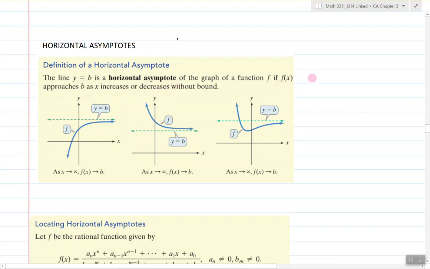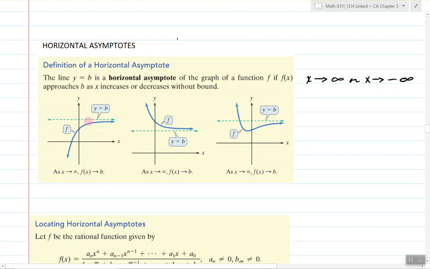So, in other words, as x approaches positive infinity or x approaches negative infinity, the graph snuggles to a particular horizontal line. Here's an example.